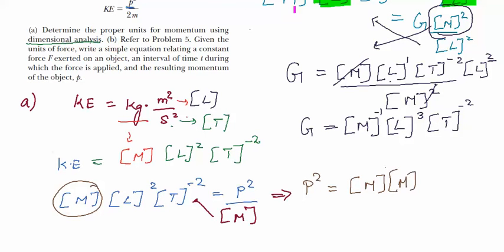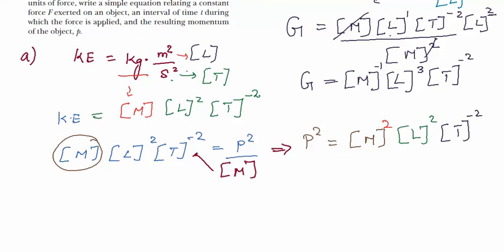So that multiplies together nicely, and you get mass square, and then you have length square, and then you have T to the power -2.